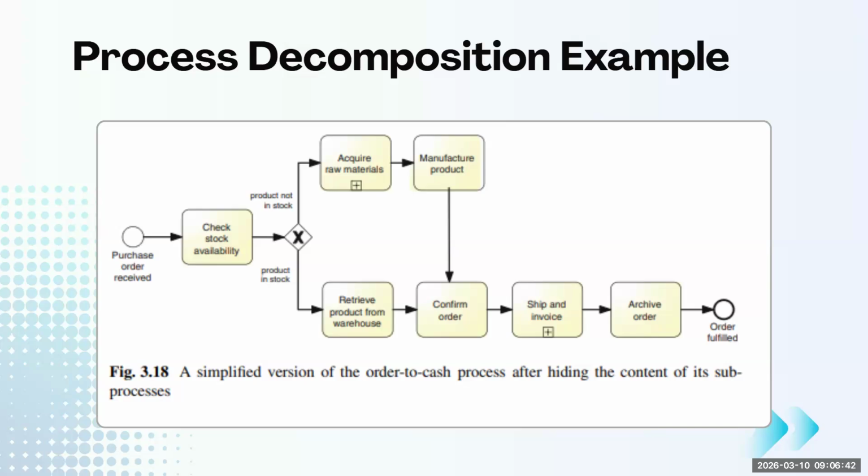If the product is already available, it is retrieved from the warehouse. And finally, the order is confirmed, shipped, invoiced, and archived. This example shows how complex processes can be organized into smaller logical steps.